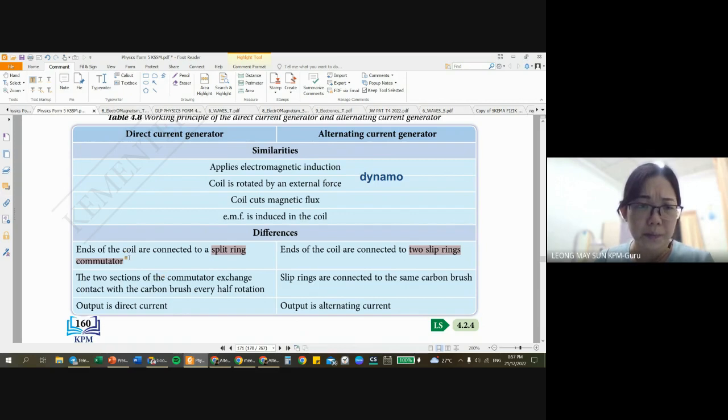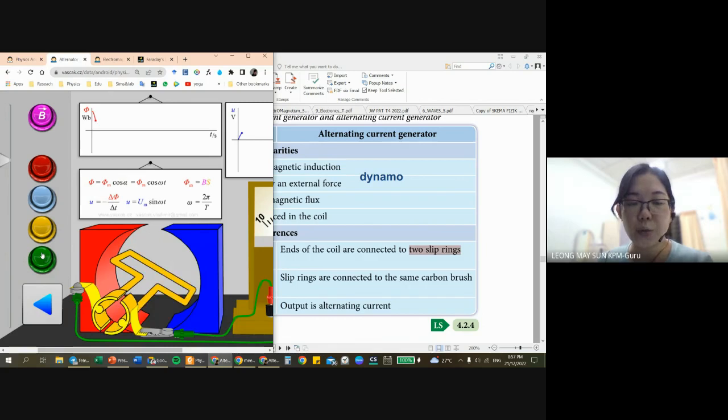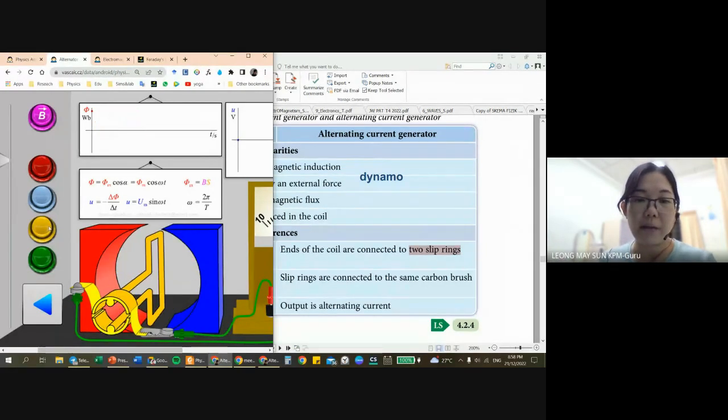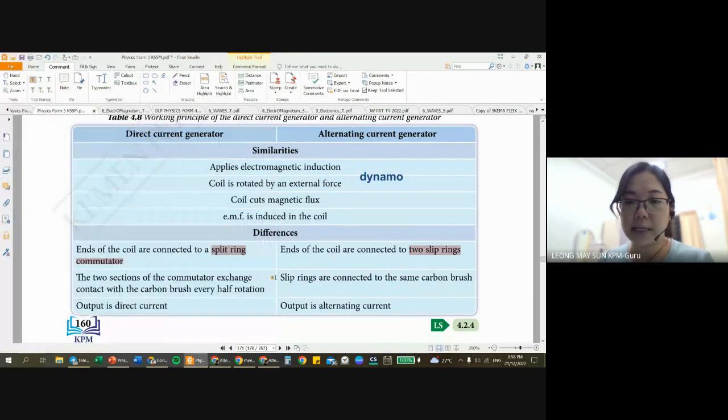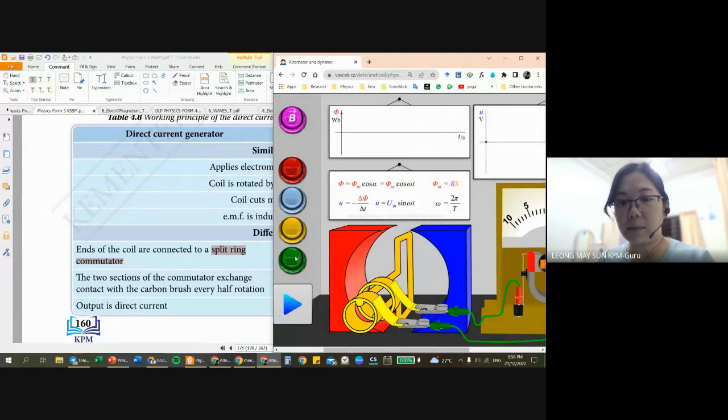Now, in a direct current generator, the two sections of the commutator will exchange contact with the carbon brush like this. The carbon brush will keep on changing its contact with the commutator. But for alternating current, the slip rings are always connected to the same carbon brush. No matter how the generator turns, the carbon brush keeps touching the same slip rings.